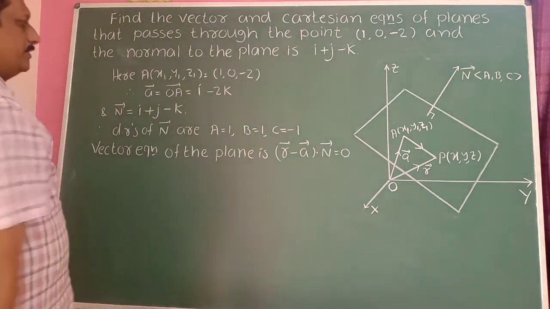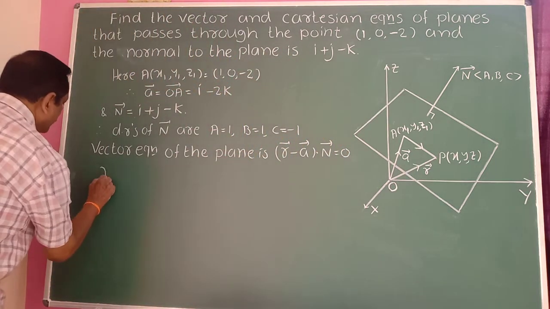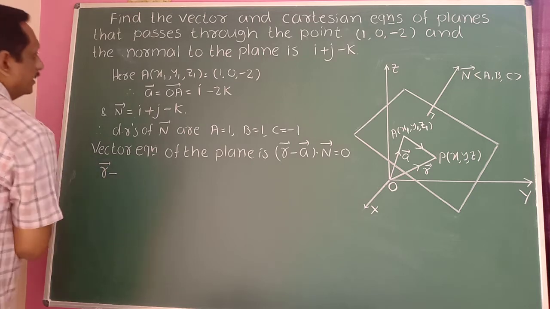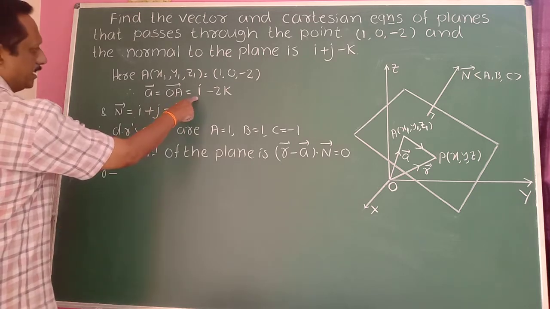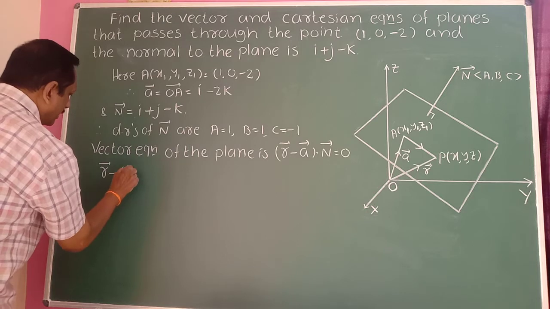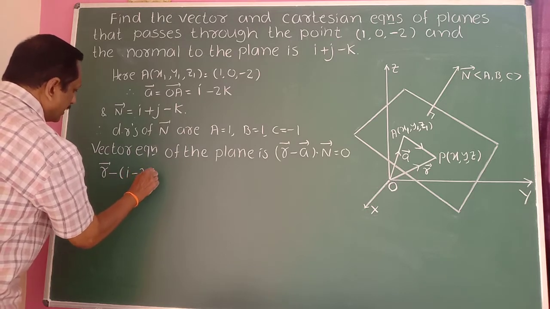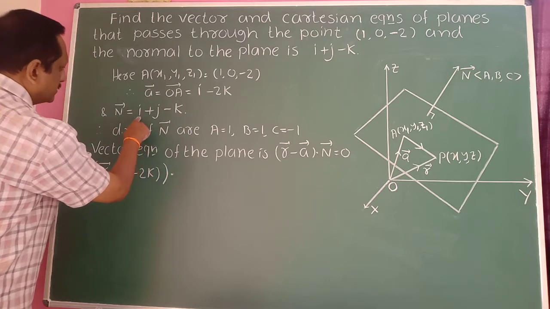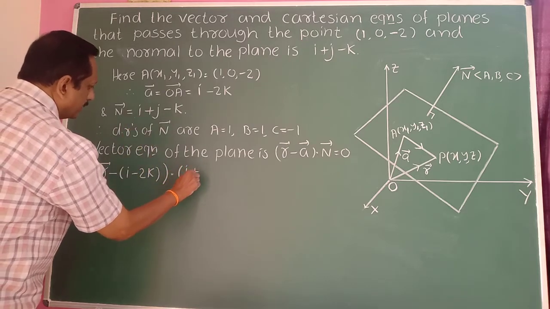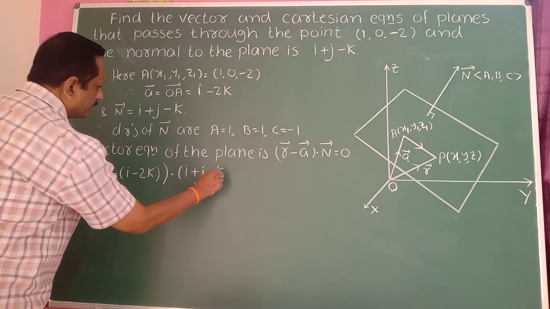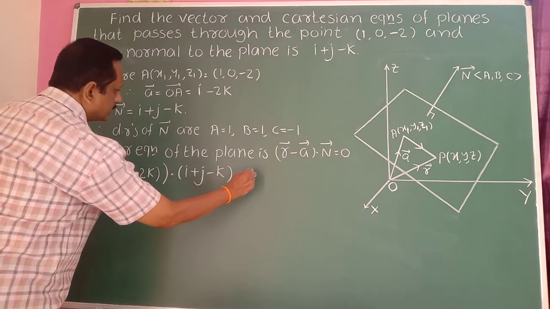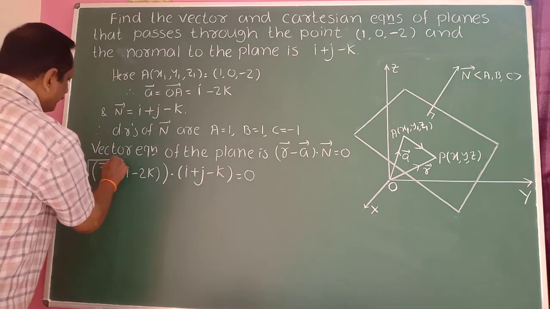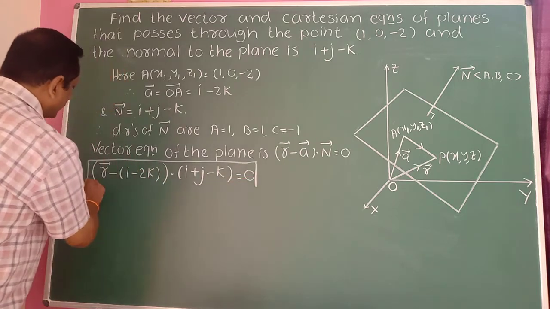So this is the formula. Here the vector r bar minus a bar is this vector, i − 2k. So (i − 2k) complete bracket dot n bar, which is this vector i + j − k, that is equal to 0. So this is the vector equation of the plane.